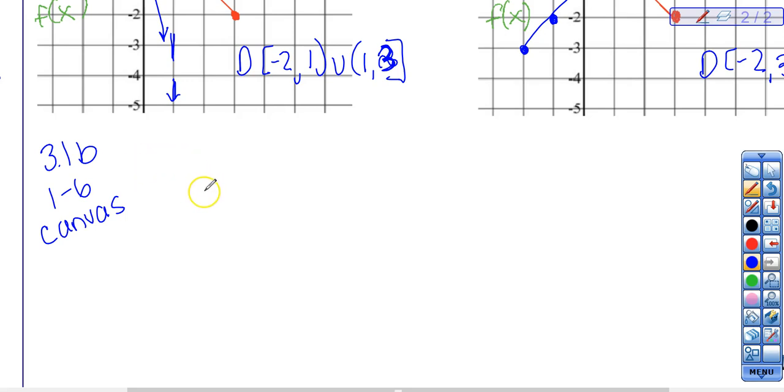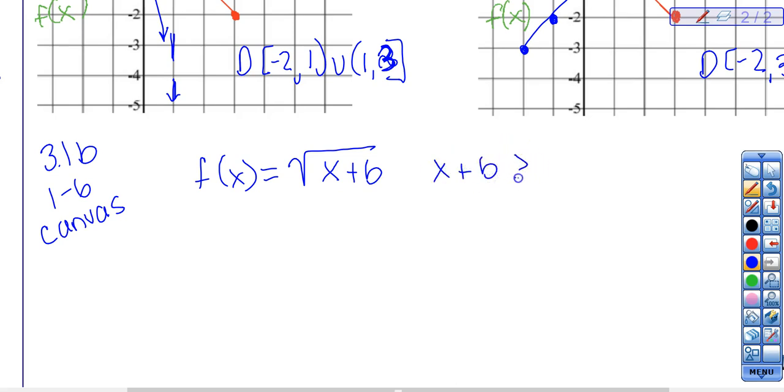So just some reminders. If you have to graph a radical function, remember your domain restrictions. Your B is your shift, yes? Okay, so remember that your domain restriction must be greater than or equal to 0.